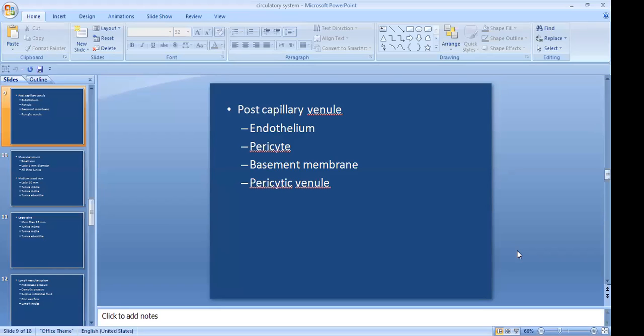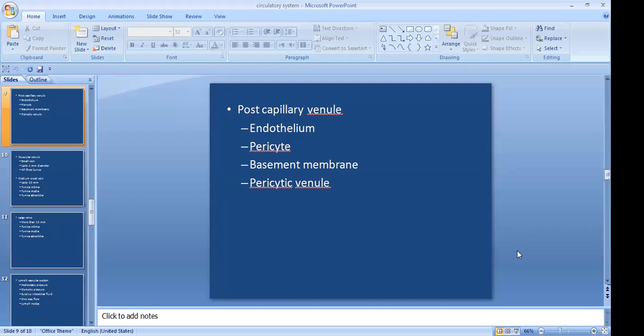The other name of post capillary venule is pericytic venule because these cells are called pericytes. This post capillary venule does not come in the classification of veins. So this is a venule.